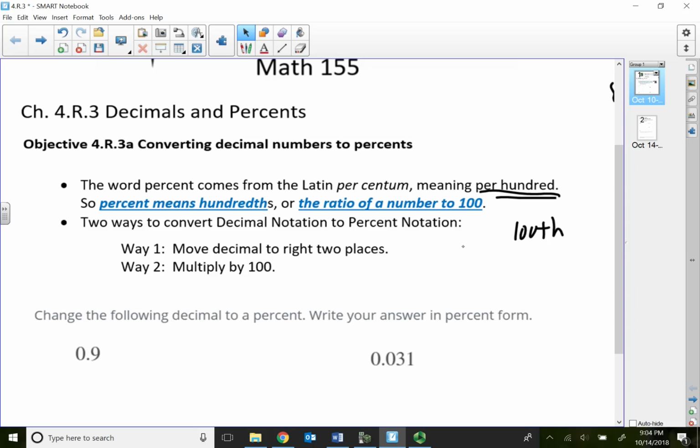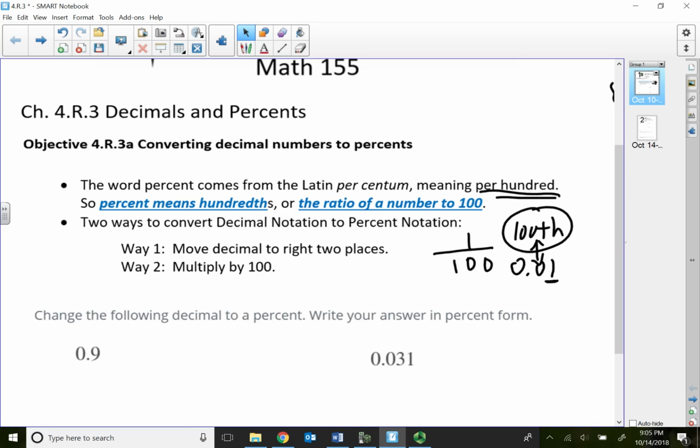That would be 1 over 100, or what we normally say as hundredth, which means 100 is the denominator. If we read 1 over 100 correctly, that is 100th. That's the same exact thing.